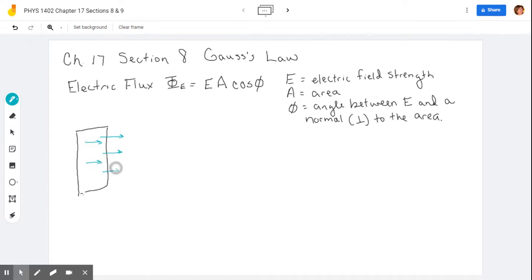Remember, the lines just help us visualize the strength of the electric field coming through this rectangular area. I also want to draw the normal in red. A normal segment is perpendicular to the rectangular surface, so it's at a right angle.